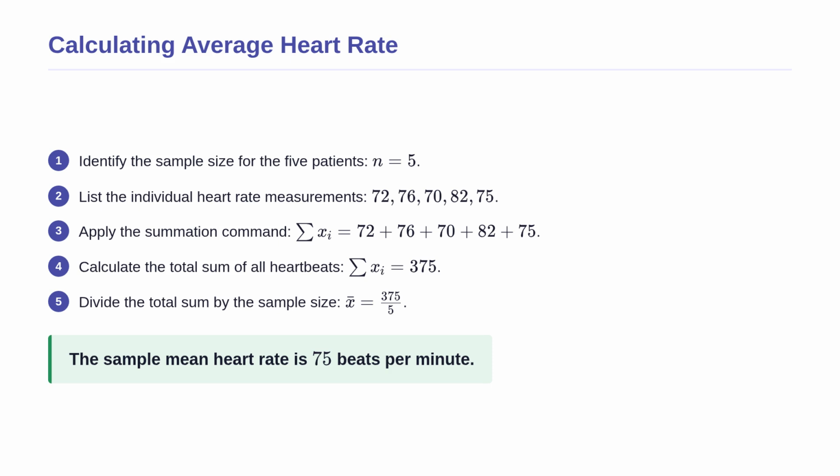This gives us a total sum of 375. Finally, we divide this total sum by our sample size of 5. This yields a final answer of 75. Physically, this tells the doctor that the central tendency of these patients' heart rates is 75 beats per minute, a normal, healthy baseline.